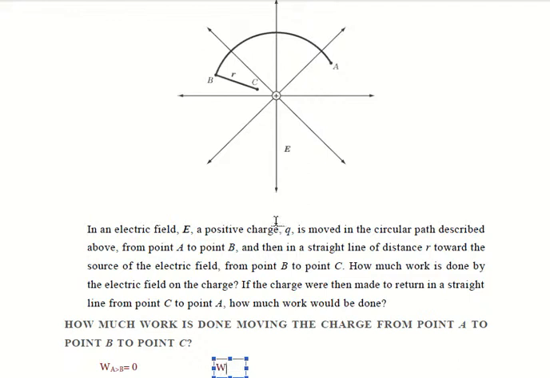So work from B to C would be equal to our positive charge Q multiplied by the electric field that it's in, E. We bring it in a distance r.